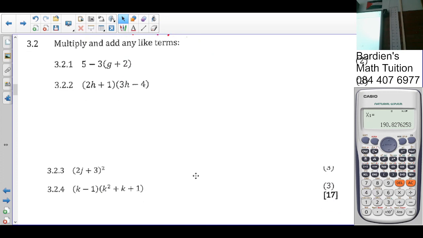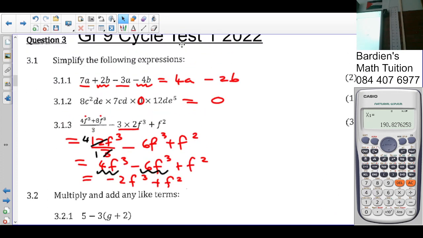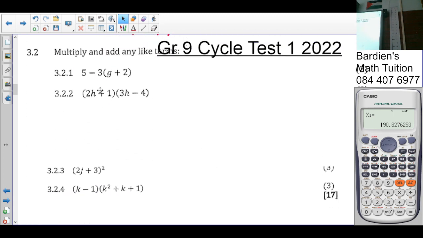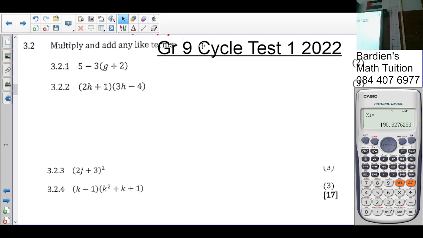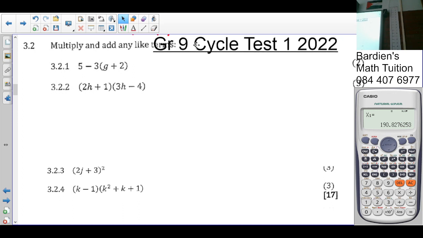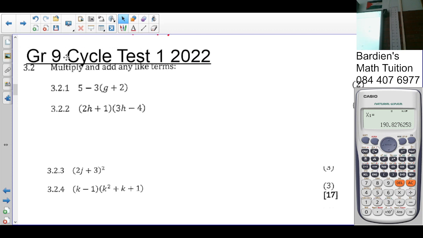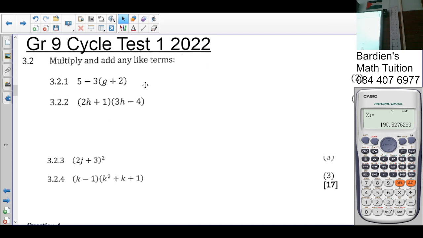In question 3.2 we are asked to multiply and add any like terms. Here again is 2 terms, a binomial, so we get rid of the bracket by multiplying out there.